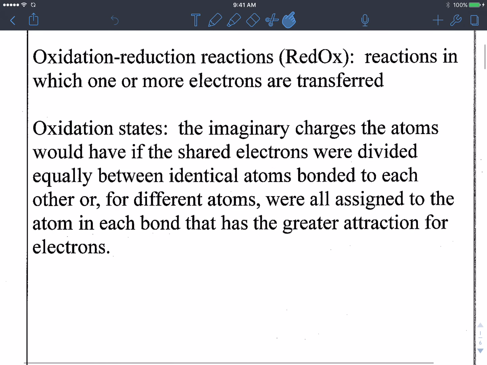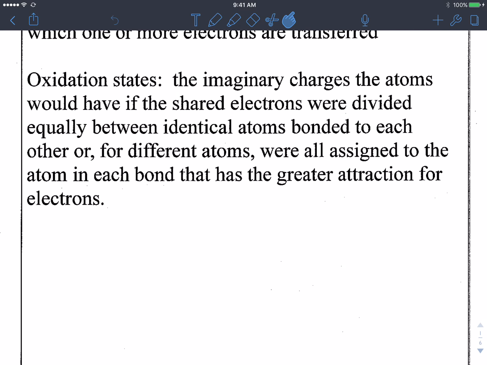So the first thing we're going to learn about here is how to determine oxidation states. These are, and I can't stress this enough, imaginary charges. Remember when we talked about the difference between ionic and covalent bonds? Ionic compounds transfer electrons. They have charges because those electrons have left one species and gone to the other species.